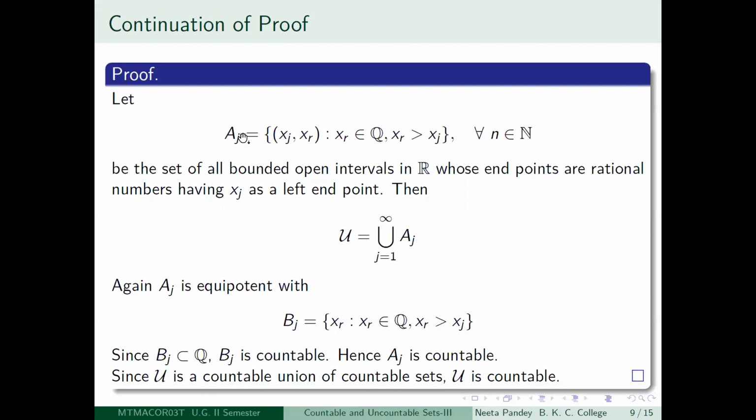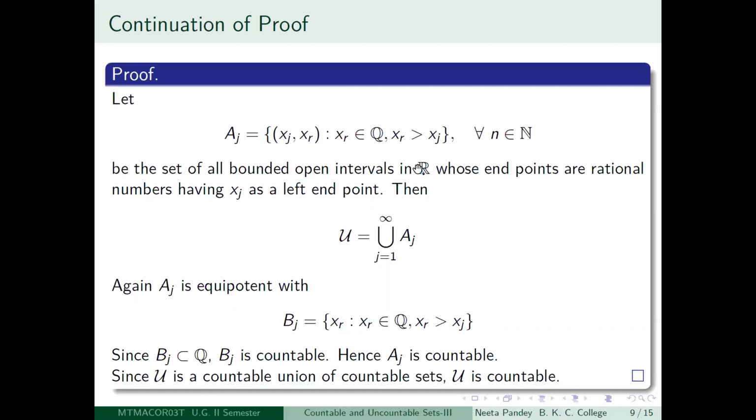Now you notice what AJ is. AJ is the collection of these types of open intervals. So these open intervals are completely determined by the right endpoint, because the left endpoint is fixed. It has to be xj. So if you look at all xr such that xr is a rational number greater than xj, then this is equipotent with AJ.